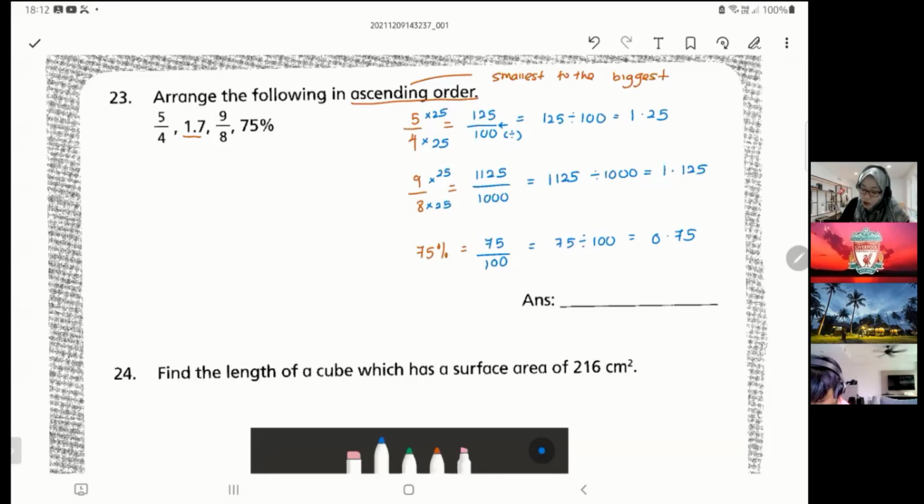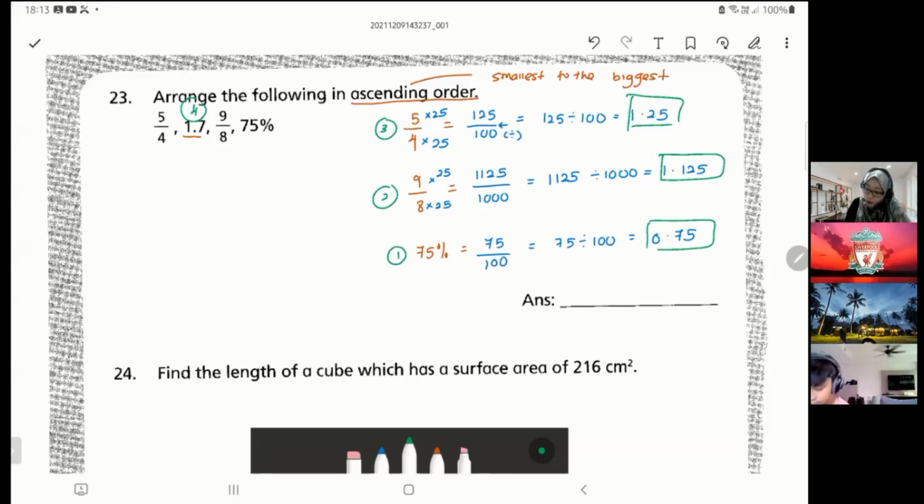Now everything is in decimal, right? Now I just have to make sure I know who comes first, who comes second, and next. If you look at this, who is the smallest? I have 1.25, I have 1.125, I have 0.75. The smallest is this one, second smallest is this one, third smallest is this one, the last is this one.